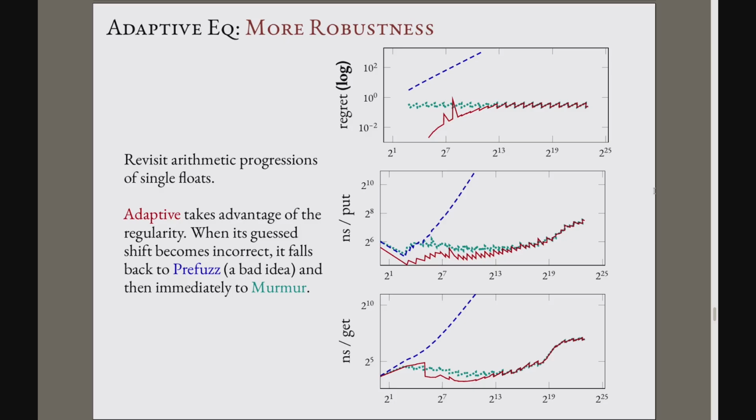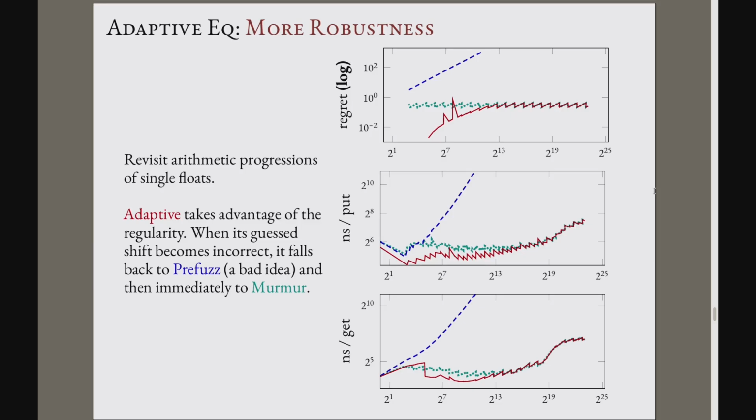Back to the single float failure case of prefuzz. Adaptive starts out really well, detects all the constant low bits in the single floats, shifts them out, starts as a kind of perfect hash. But as we add more and more keys, the initial guess as to the number of constant low bits becomes bad, and we do it only once, for performance reasons. So it started to degenerate in performance.